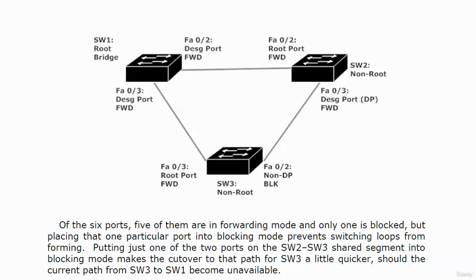And of course, putting just one of the 2 ports on the switch 2, switch 3 shared segment into blocking mode makes the cutover to that path for switch 3 a little quicker should the current path from 3 to 1 become unavailable. So watch out for that, because it's really easy to think, oh, 2 ports going to be in blocking mode. Not necessarily, and certainly not in this case.